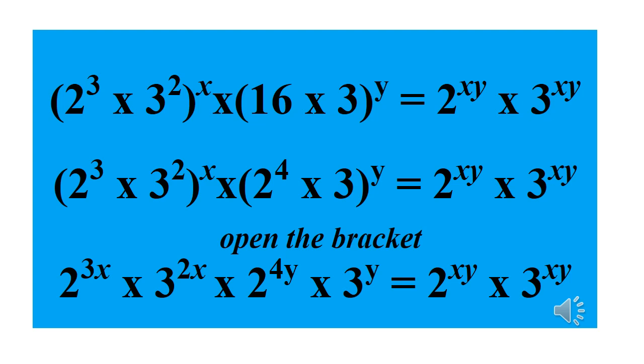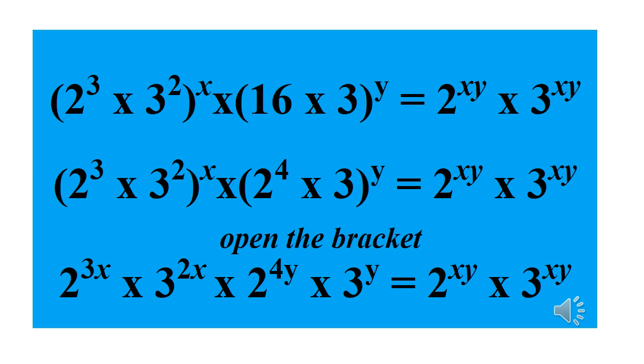Now, since we have done that, we can simplify 16 to 2 raised to power 4. So that we now have 2 raised to power 3 times 3 raised to power 2 in bracket raised to power x multiplied by 2 raised to power 4 times 3 in bracket all raised to power y equals 2 raised to power xy times 3 raised to power xy.